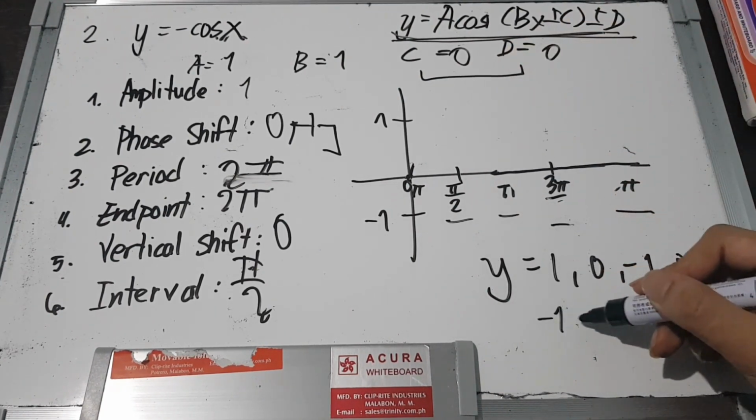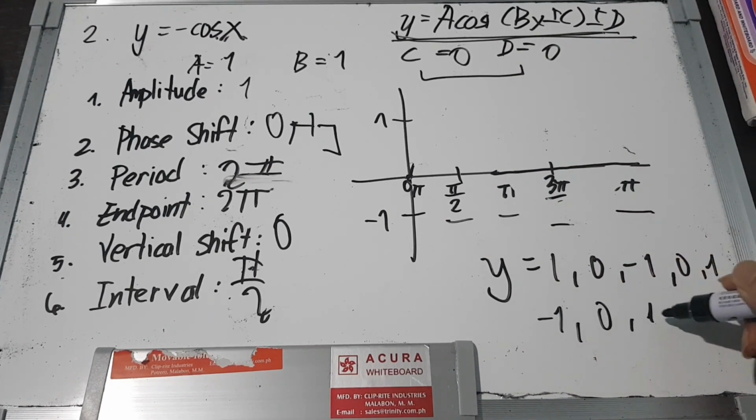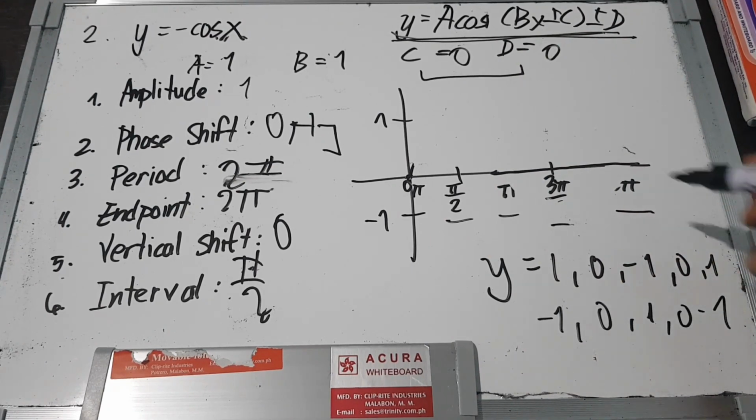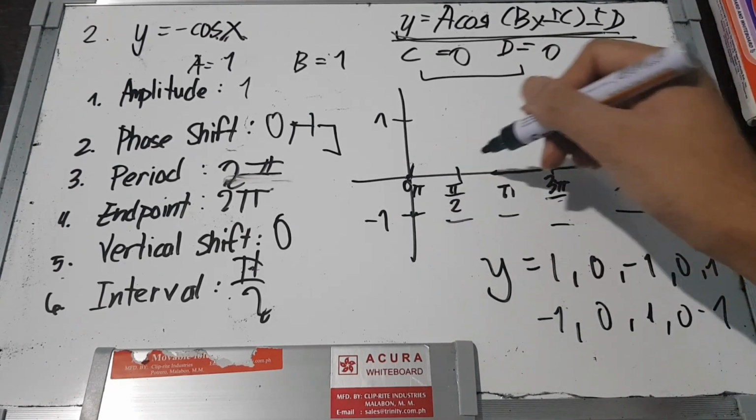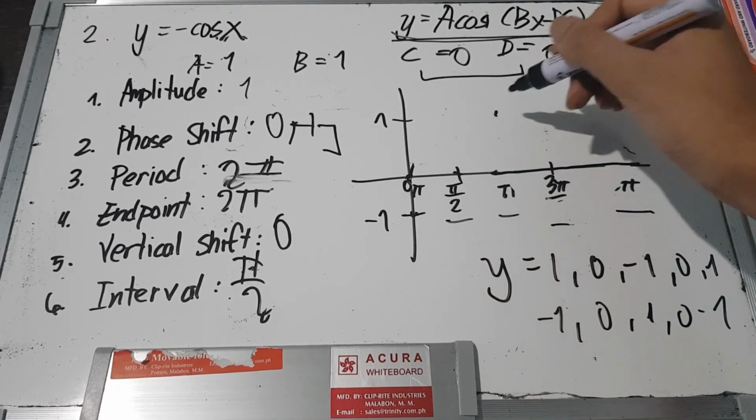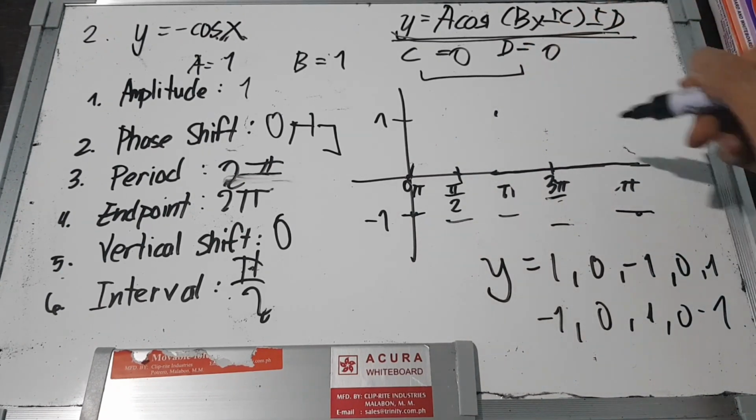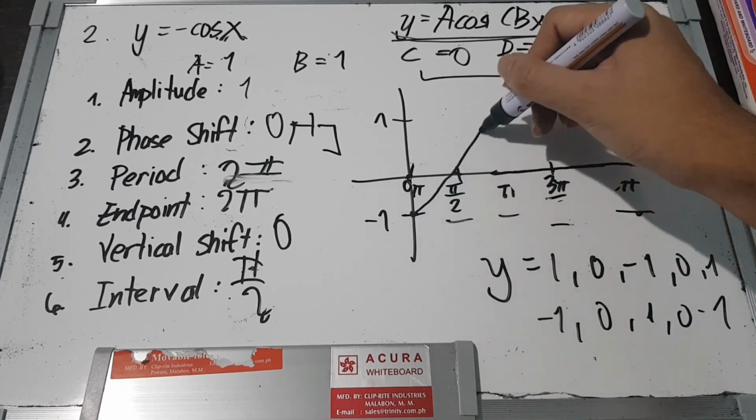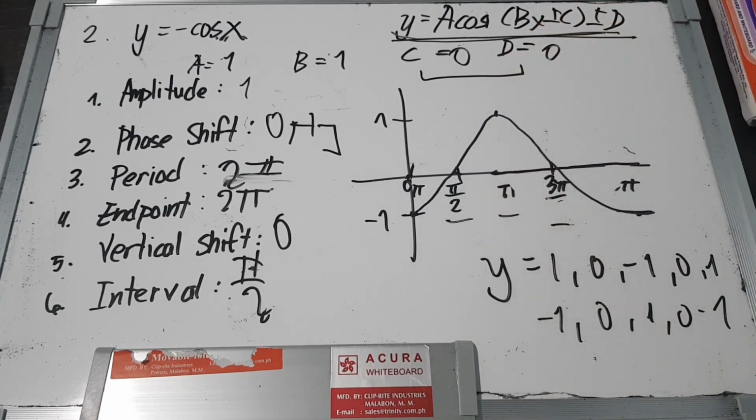So this will be -1, 0, 1, 0, and -1. Plot all the points, and you would have this graph. This is now the graph of negative cosine x.